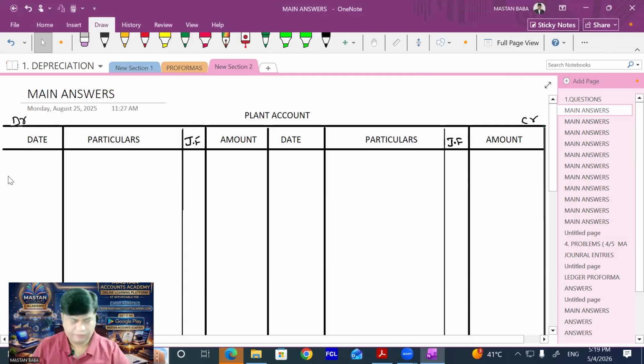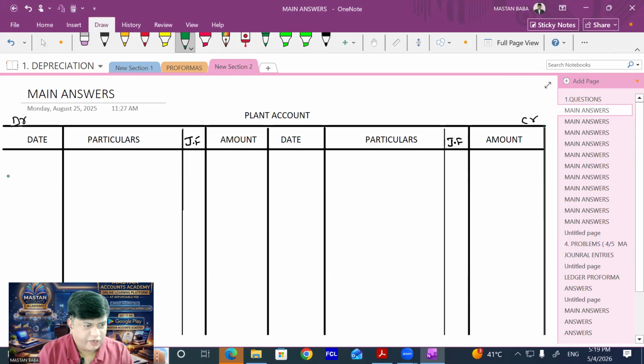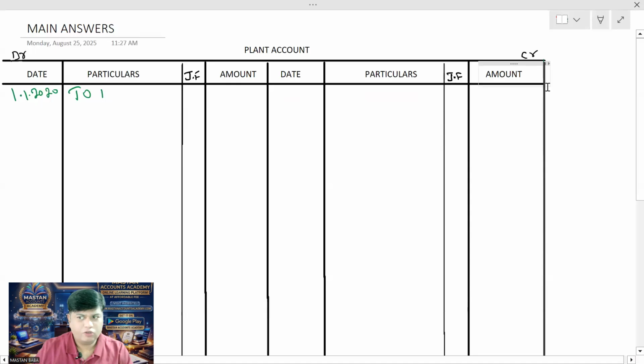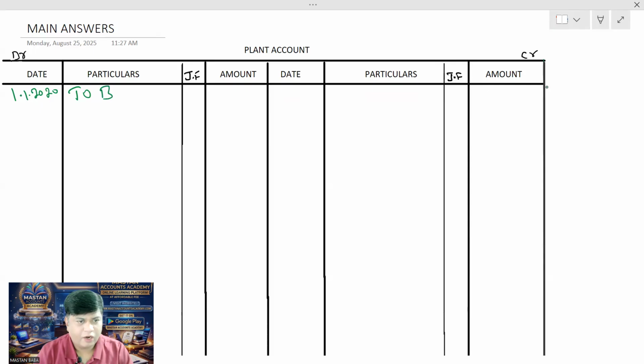On the debit side, a very simple presentation: on 1/1/2020, when the plant is purchased, enter plant account to bank account. How much to bank account, dear students? That is 4,20,000 plus 1 lakh, that is 5,20,000. So to bank account, 5,20,000. And at the end of the year, we have to charge the depreciation.